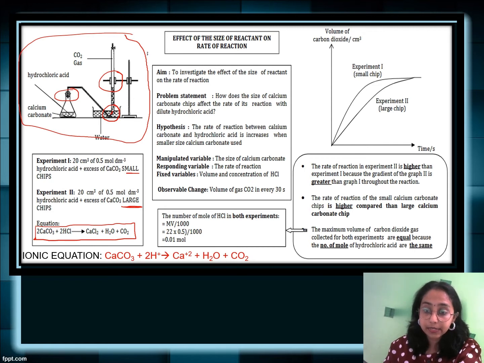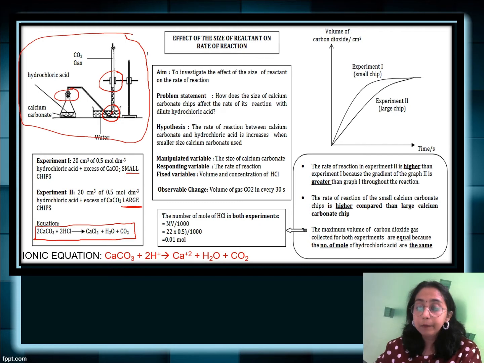There are 2 ions, calcium ion and chloride ions, but counter check with the front one. Do you have chloride? No, right? So we only take calcium ion. So calcium you have to write in the form of ions, Ca2+. And water molecule and carbon dioxide, anything that exists in the form of atom and molecule, we don't disturb them, we just write them as it is. Okay, so remember this is the ionic equation for the reaction between calcium carbonate and hydrochloric acid.